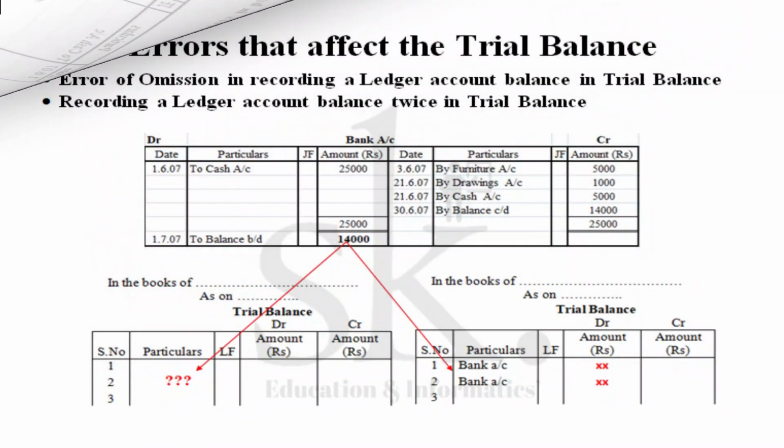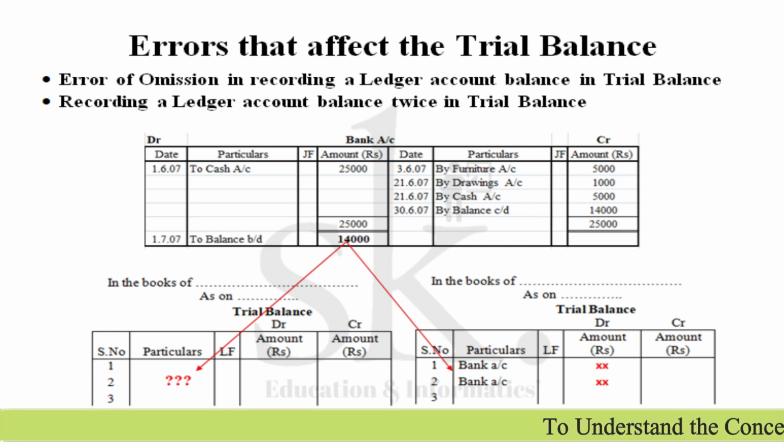The other two errors which might also happen are errors of omission in recording a ledger account balance in a trial balance, and recording a ledger account balance twice in a trial balance. What does it mean? The example says there is a bank ledger account which has a debit balance of 14,000. In the first instance, error of omission, it is completely not recorded in the trial balance.